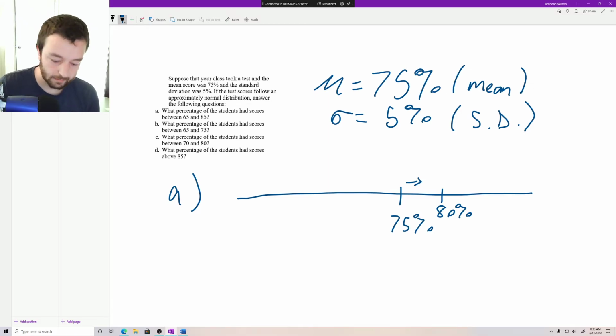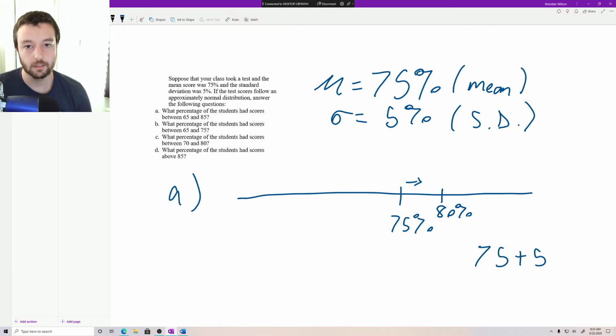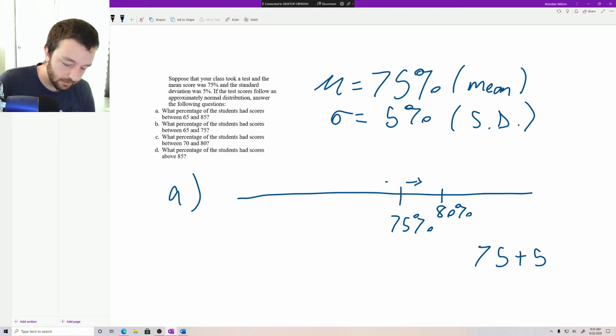How am I finding that? I'm just doing 75 and adding 5, right? So we're moving 5 in the positive direction. And on the other side, going 5% over from 75 this way gets us to 70%.